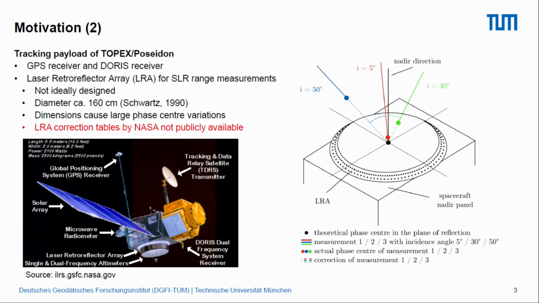To give you an explanation, the actual reference phase center is the black dot, and depending on the incidence angle of each observation into the LRA, the phase center shifts or moves along the line of sight. I tried to find systematics in the phase center variations, and based on those found a correction function.